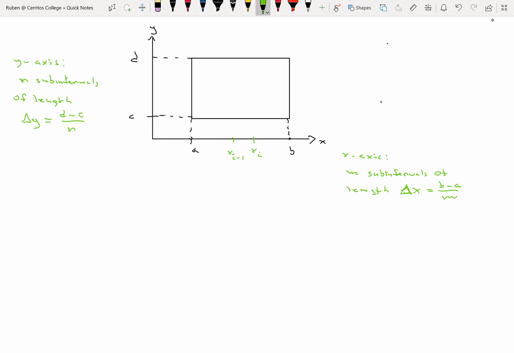So there's the number i subinterval along the x-axis, and then along the y-axis a similar thing. We could identify the number j subinterval. Here's y sub j. Here's y sub j minus 1. Again, we did all this before. I just want to bring us up to speed because the definition of the triple integral is going to take up right where we left off with the double integral.